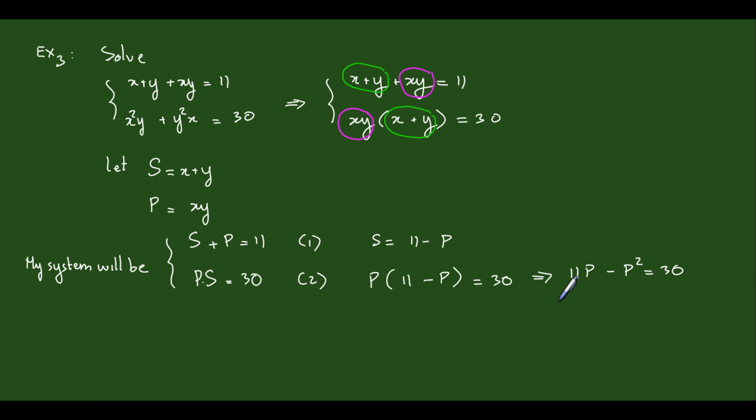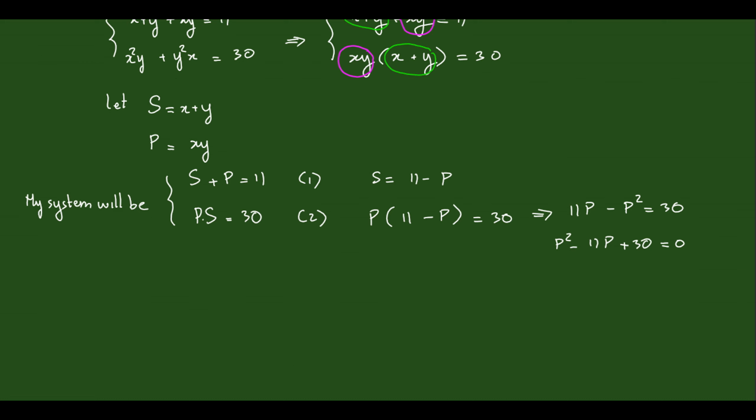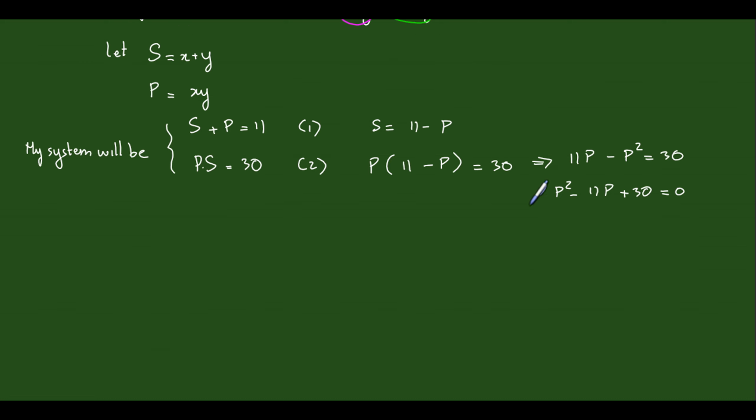Then I'm just going to reorder them, so I have p squared minus 11p plus 30 equals 0, right? And what equation do we have here? We have a quadratic, right? So I can factor this. It will be p here and p here, and 30.